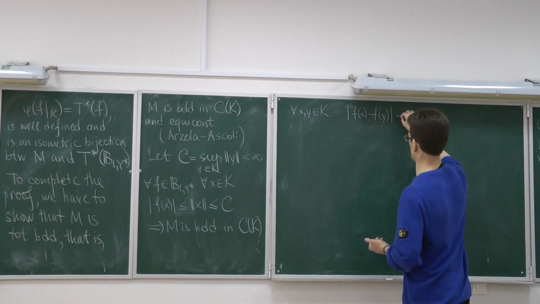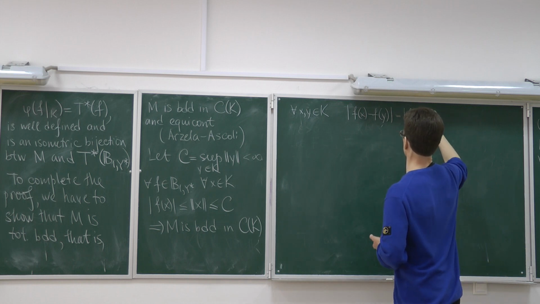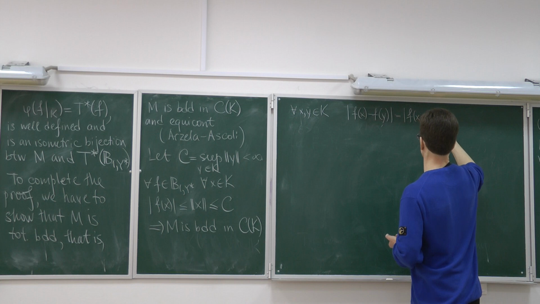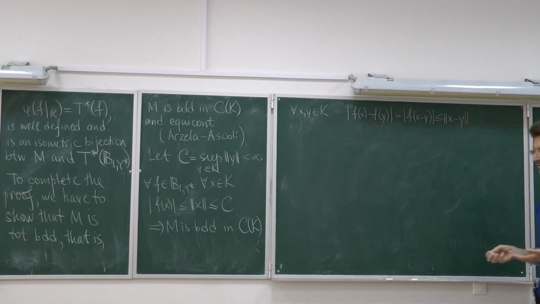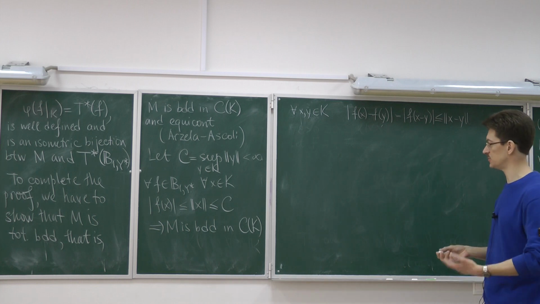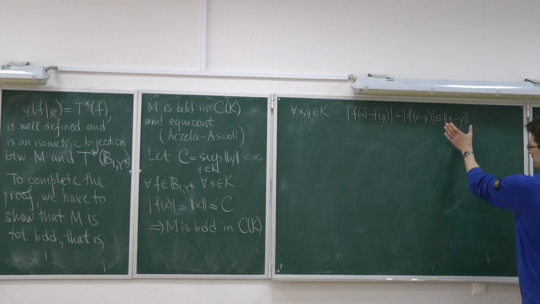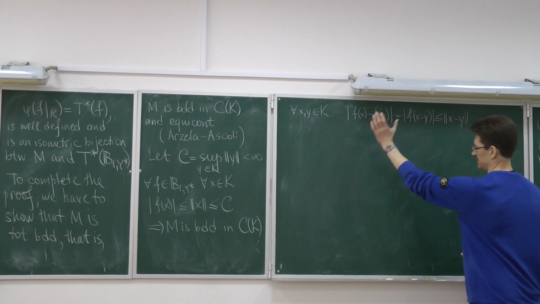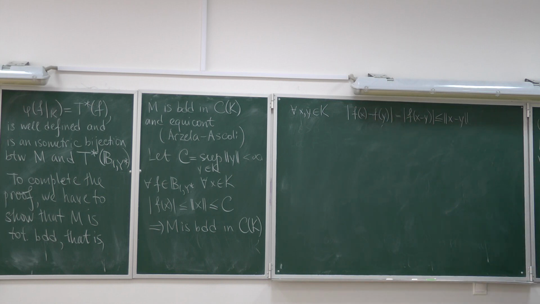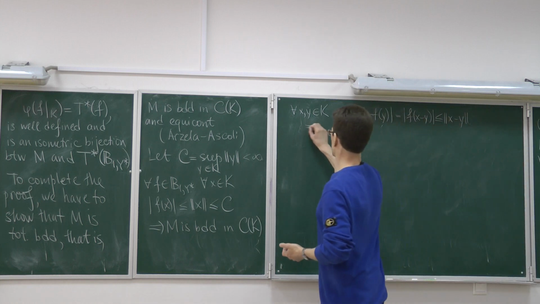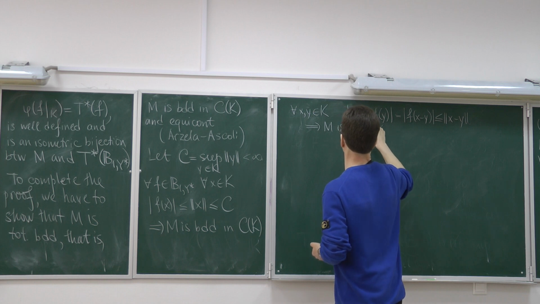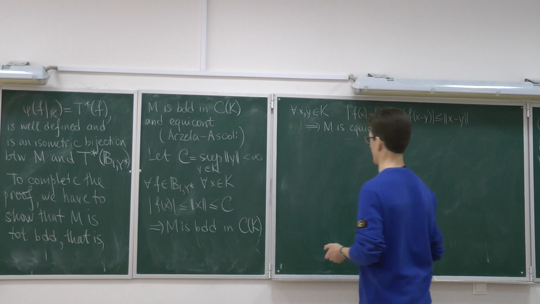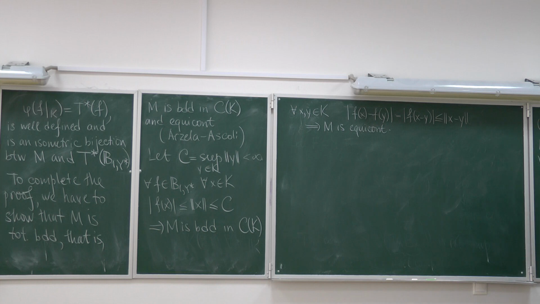F is linear, so this is f of x minus y, and this can be estimated as the norm of x minus y, because the norm of f is less than or equal to 1. And this inequality readily implies that M is equicontinuous, because if this is smaller than epsilon, then this is also smaller than epsilon. So M is equicontinuous. And this completes the proof.